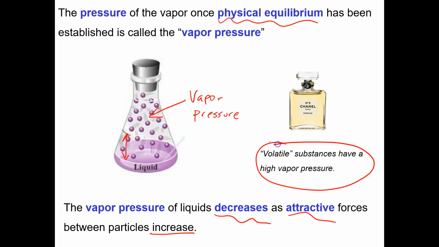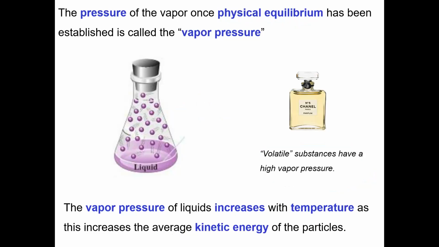Volatile substances are liquids that have relatively low intermolecular forces and therefore have high vapor pressure. The vapor pressure will be dependent upon a liquid's temperature because as the temperature increases, the average kinetic energy of the particles increases and the more likely they are to be found in the gas phase.